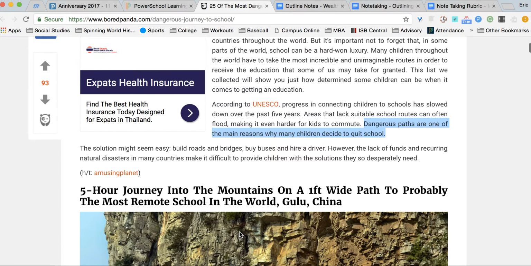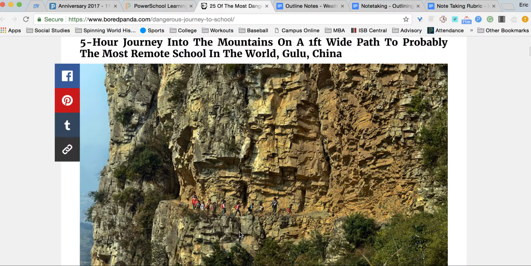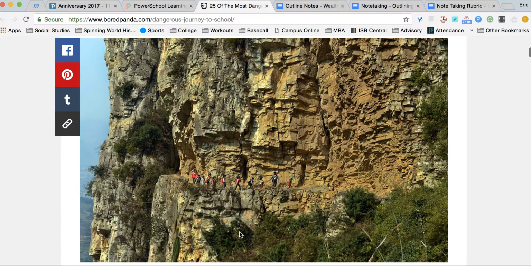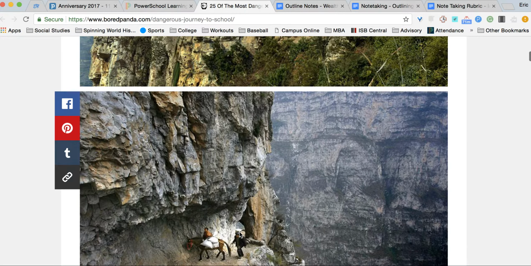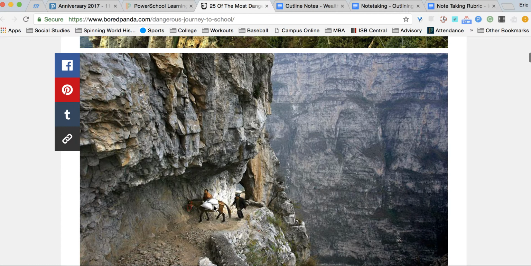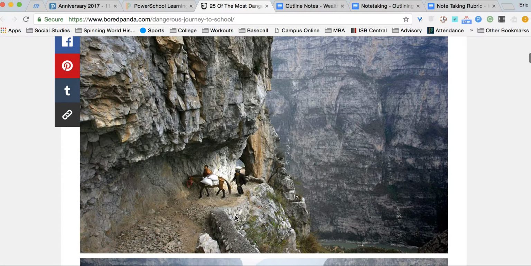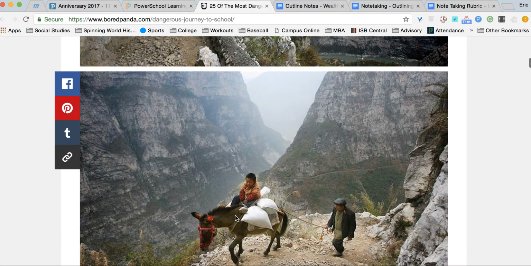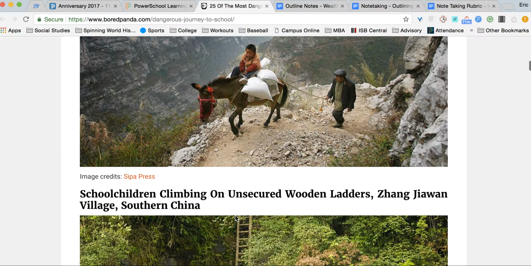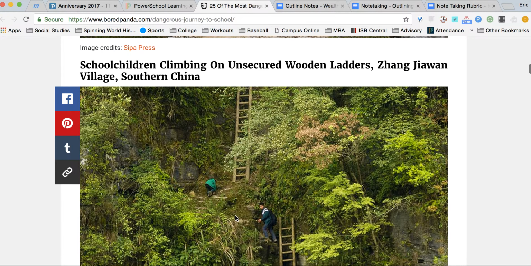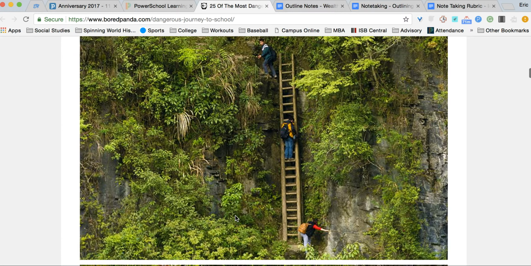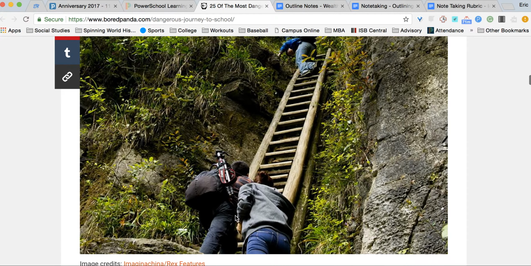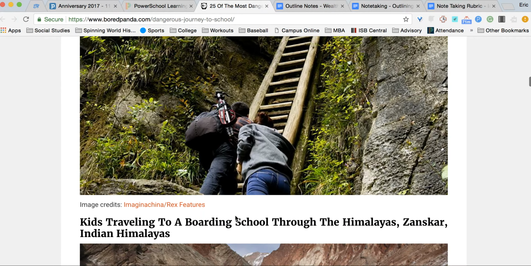Okay, so I'm looking at my pictures. I see these kids are walking along a cliff. It looks like they could possibly fall off. That's amazing to me. This kid's actually on some sort of horse creature walking on a cliff. There's a kid again. These kids are climbing wooden ladders up a cliff to get to school. So obviously there's a reason why my teacher chose this website.